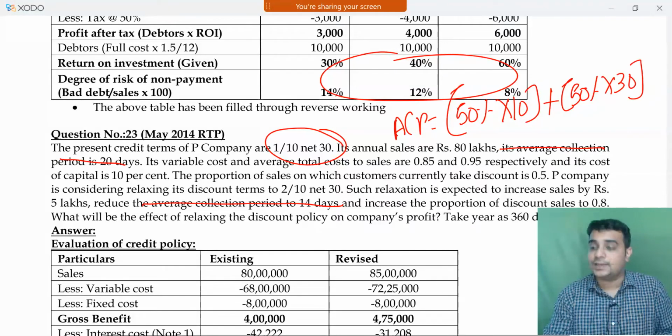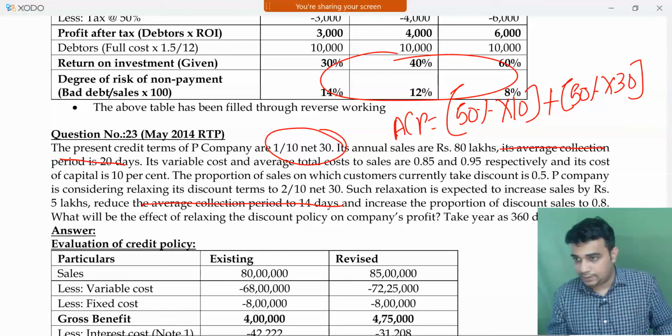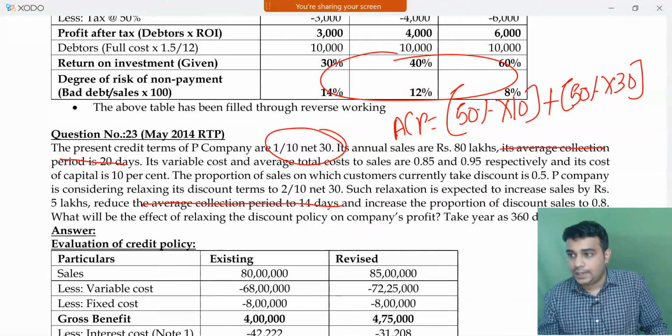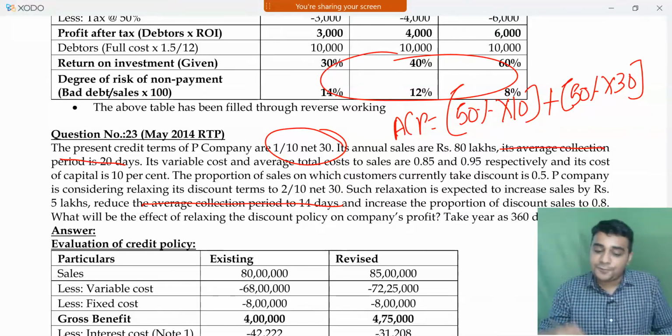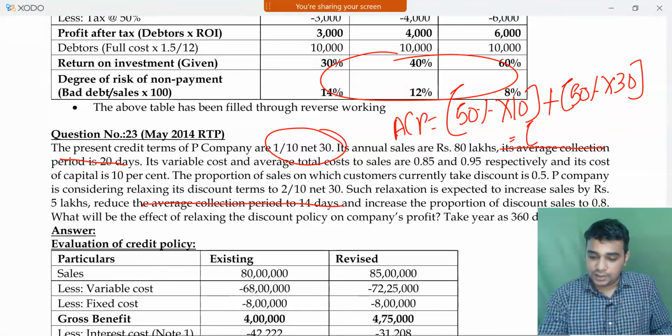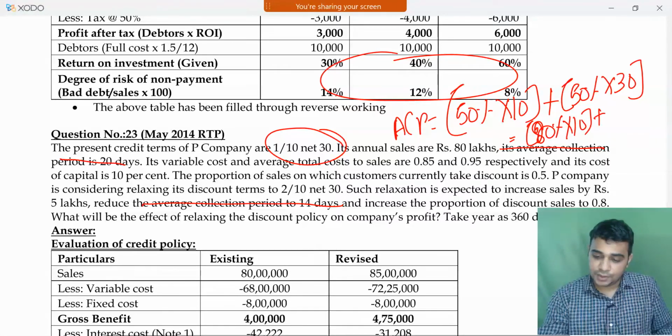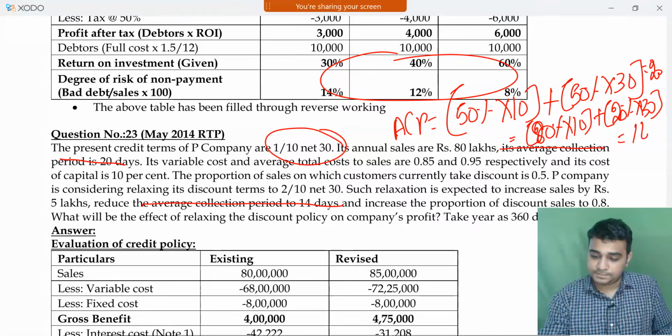This is how you will calculate the average collection period. After discount is given, 80% into 10 days, 20% into 30 days. This will be 20, this will be 14.